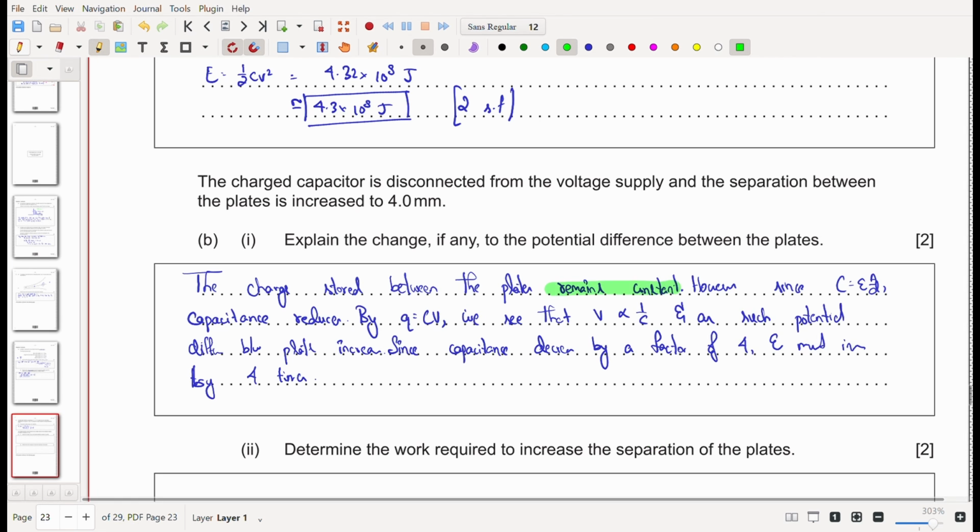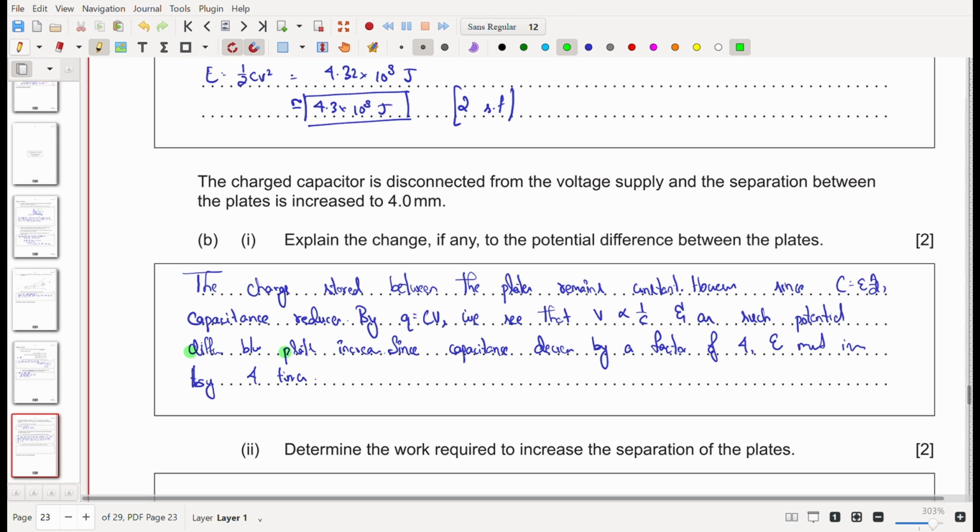The charge stored between the plates remains the same, but since capacitance is epsilon A by D, the capacitance must reduce because the distance increases. Next, by Q is equal to CV, we see that V is proportional to 1 by C when Q is constant.